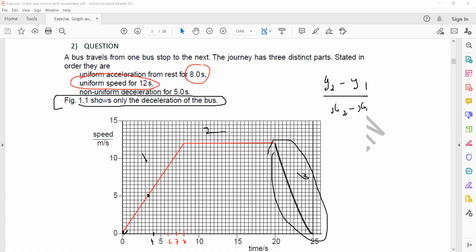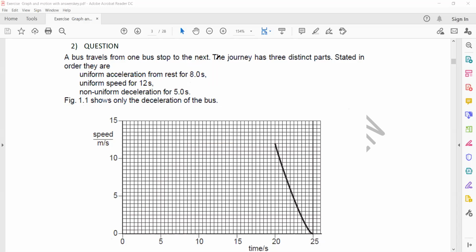The first point on the x-axis is x1, the first point on the y-axis is y1, and the second point on the x-axis is x2. Till 8, this one is 9 and this is 8. Just for identification, I do this.